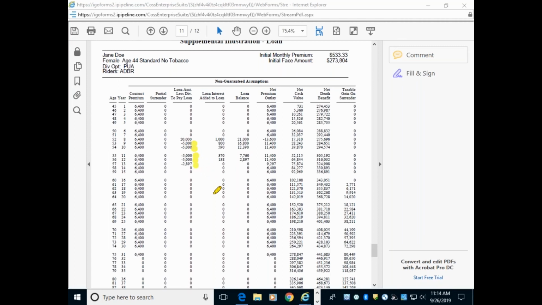Now, technically, the client could pay more than what's owed, and if there's room in the level paid up additions rider for that additional money to go to, that's where it would go. So we can see that there are no other loan balance here and no other payments due, and of course the cash value is restored.